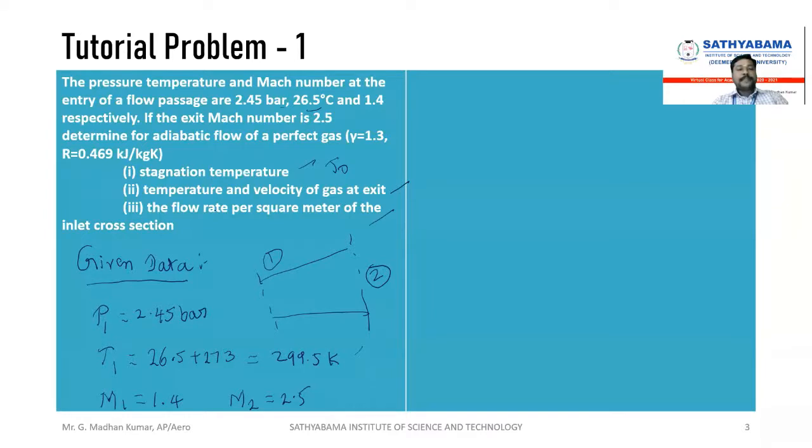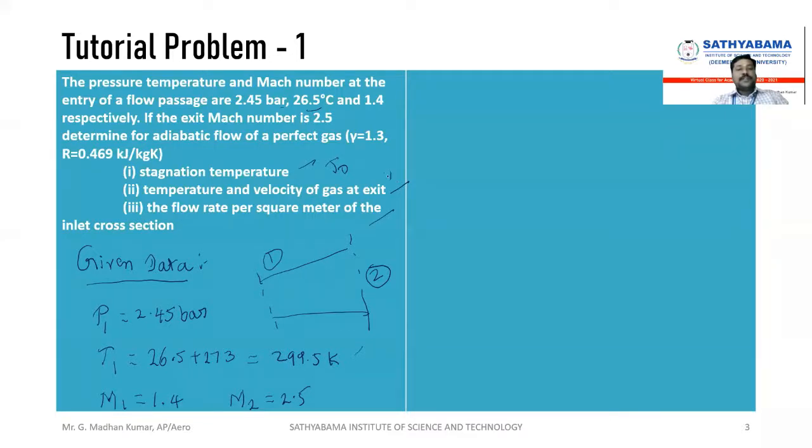Then we have to find the temperature and the velocity of the gas at phase 2. We have only the Mach number at phase 2. We have to find the temperature of the gas, that is T2, and then the velocity of the gas at phase 2. It means you have to find the velocity of the gas, that is C2, right?